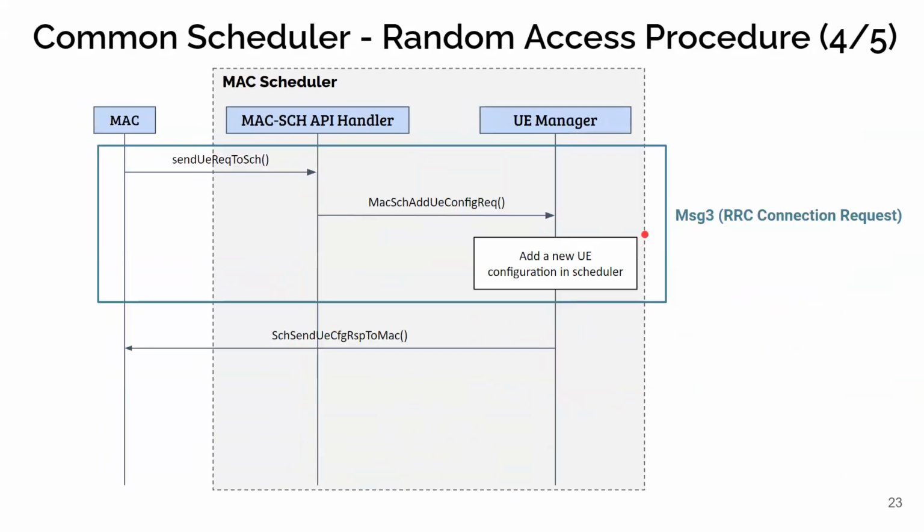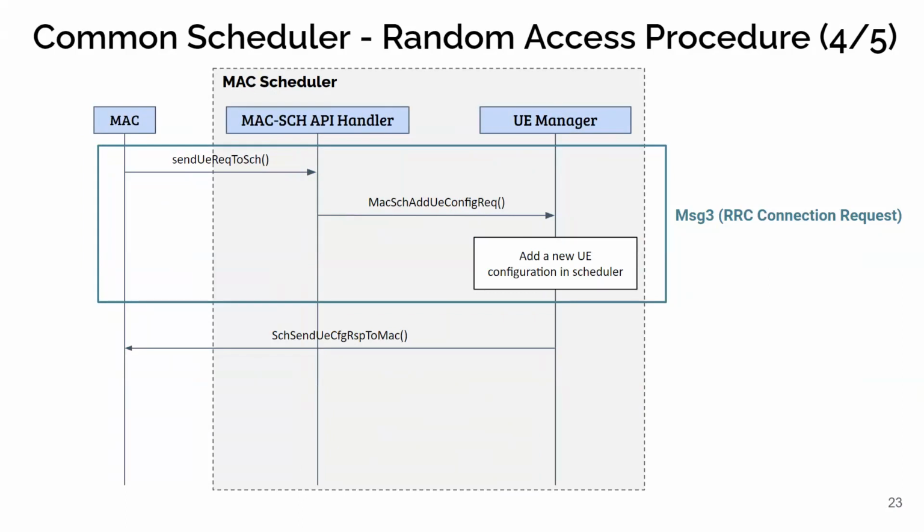Okay. And for message 3, because message 3 is an RRC connection request, it won't go to the scheduler directly. It will just go to the CU directly. But after the RRC connection request, the CU will inform the scheduler of the configuration of this UE.